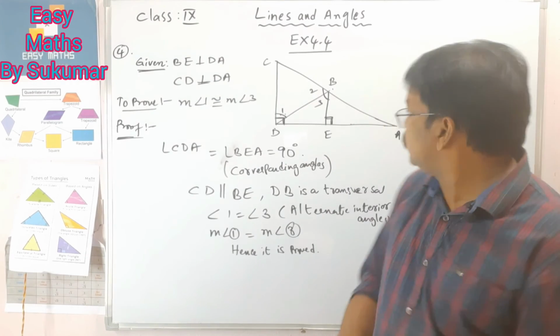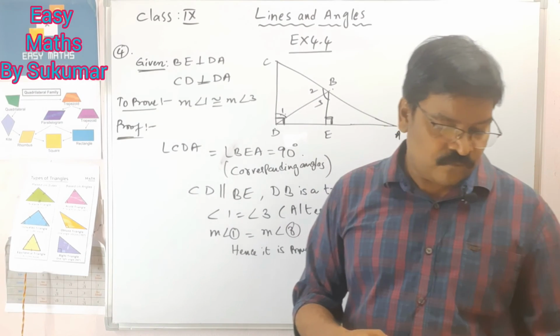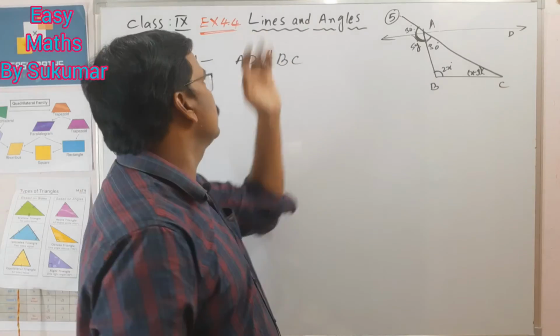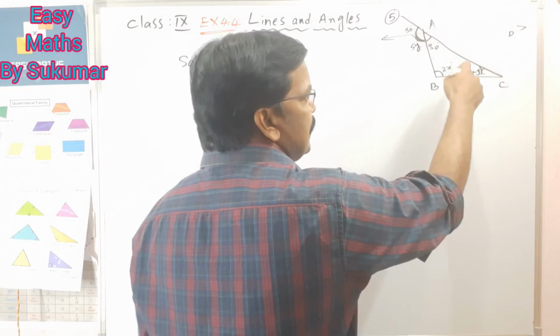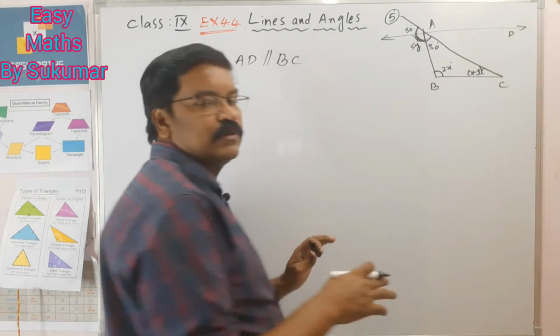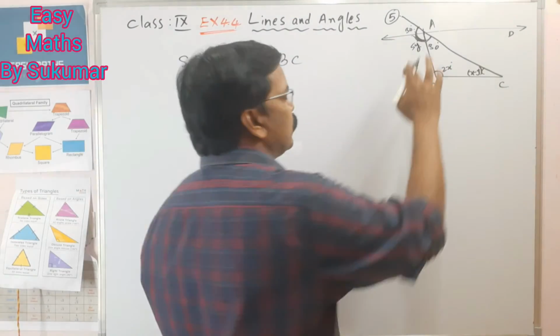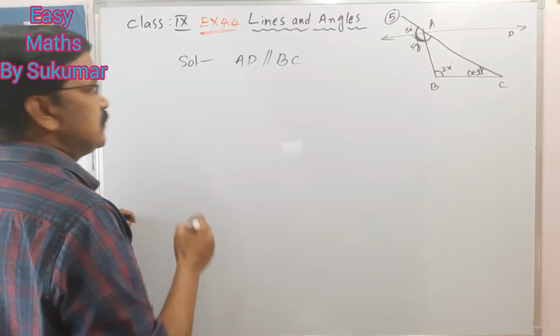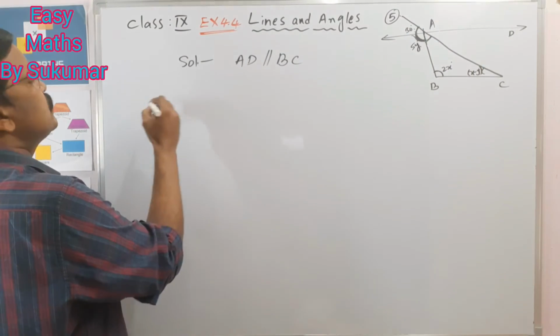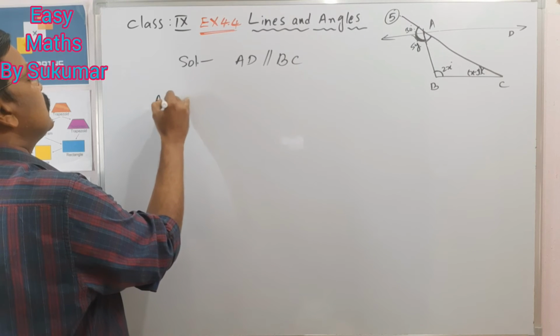Now coming to the fifth question, exercise 4.4. Given AD is parallel to BC, we have to find the values of x and y. Okay, see my dear students, here AD is parallel to BC. Let us consider AB is a transversal.